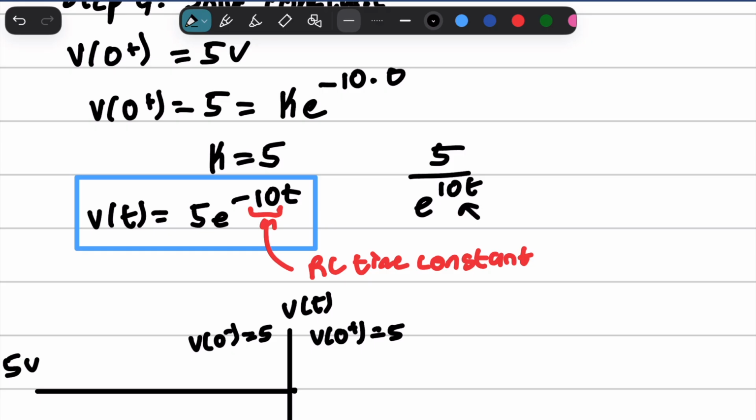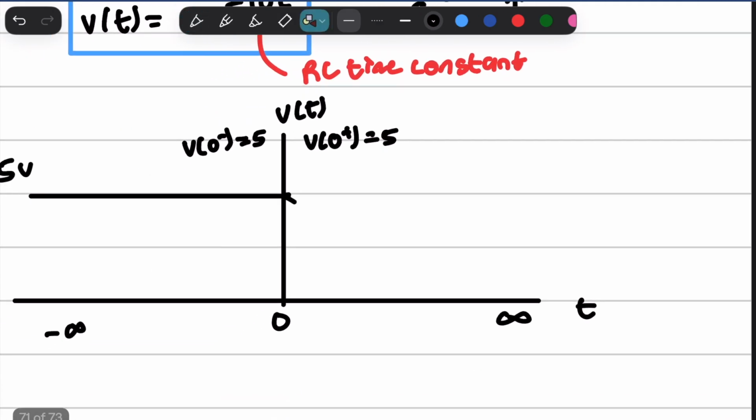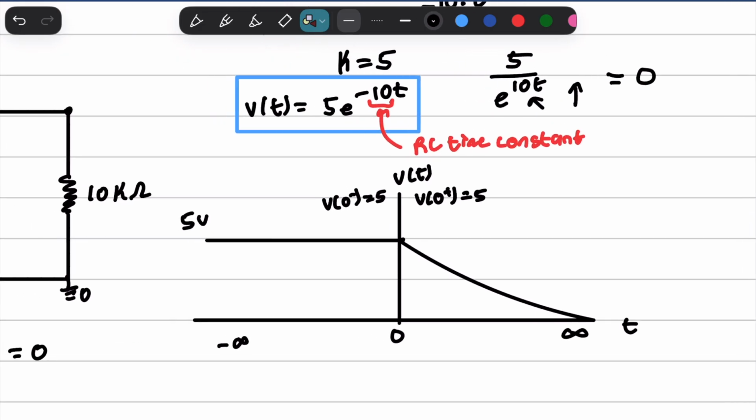Well, if we get a really, really big number up here, then that means we are approaching 0. And so our graph will look like that. And eventually, the capacitor will run out of charge, and it can no longer create a voltage difference across the 10 kilo ohm resistor. Okay?